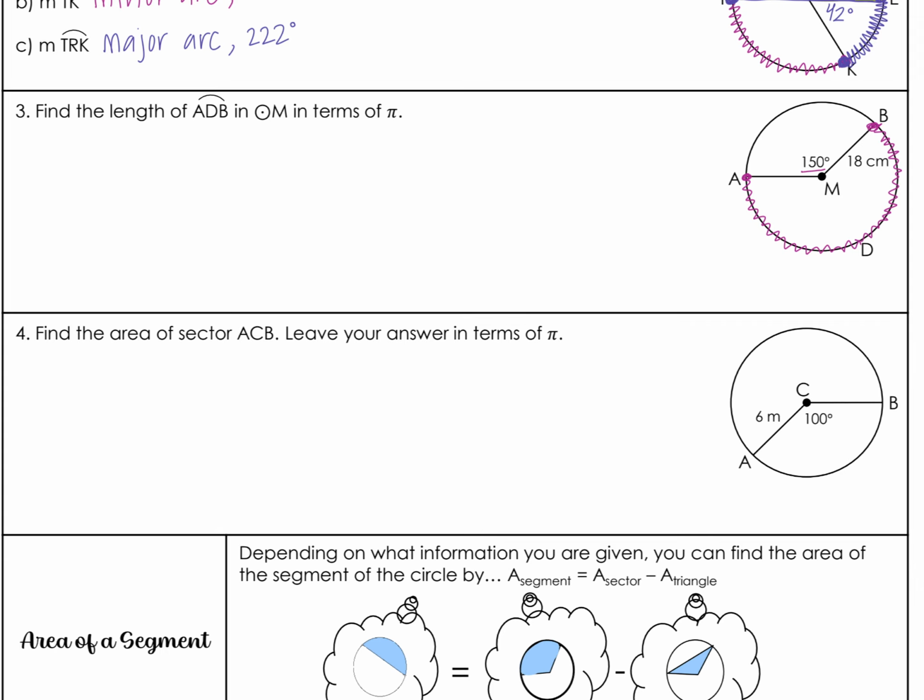Okay, and so I need to find my major arc, M. Well, I can use the fact that the whole circle is 360, and I'm going to subtract that 150 and see what I'm left with. So I'm going to get 210 degrees here.